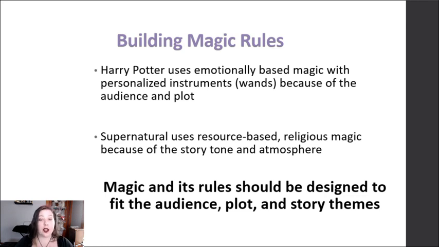So, point is, magic and its rules should be designed to fit the audience, the plot, and story themes. So if you're looking at loss, you're going to go with a more restrictive magic style. If you're looking at adults, you're going to want a more practical magic style. If you're looking at young adults, you're going to want something a little more fantastical, a little bit more optimistic, if you will. Depending.